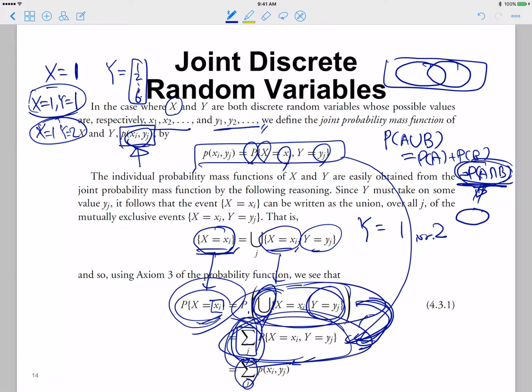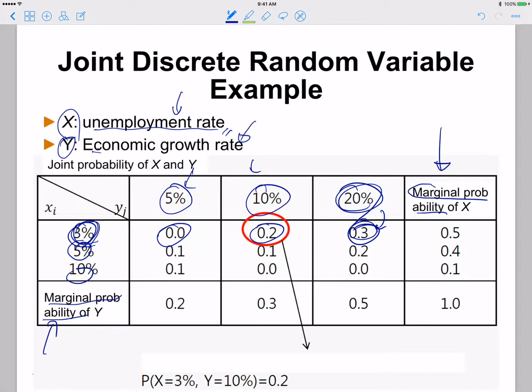Even though our event has the form of combinations of x and y, we want to ignore y and focus only on x, and ask what will be the probability of x being 3%, 5%, and 10%.